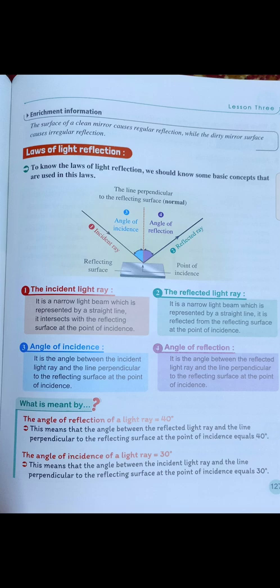So we can conclude that the angle of reflection is directly proportional to the angle of incidence. Okay, as the angle of incidence increases, the angle of reflection increases because they are equal.